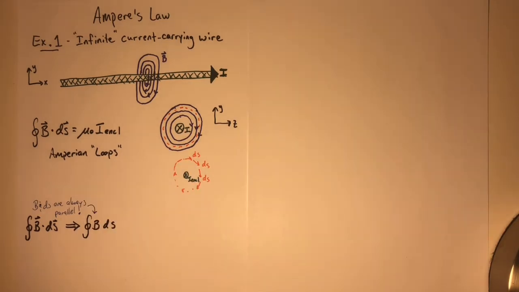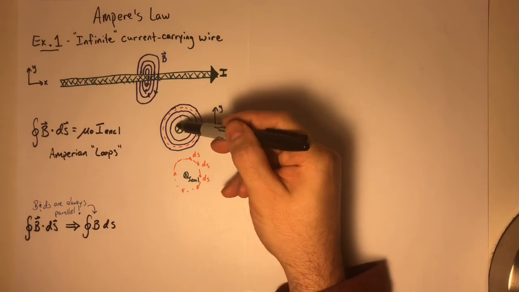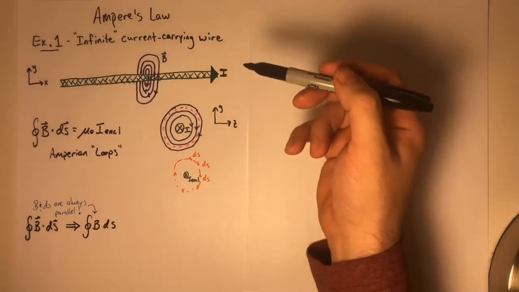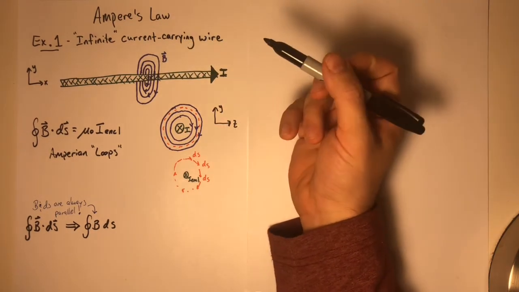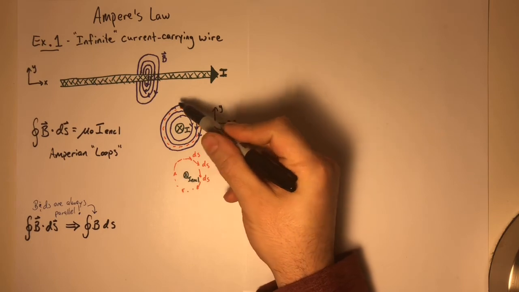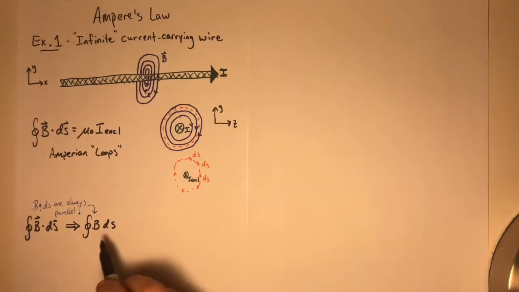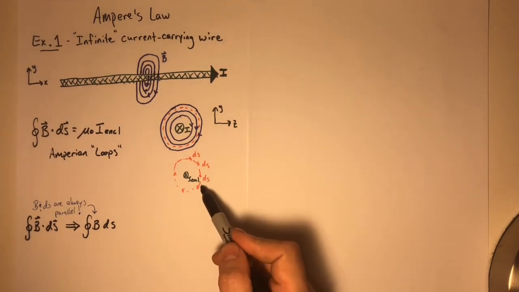The next thing that's nice about this is that because of the way these field lines look, you'll notice that they loop around at a constant distance away from the wire. This is a reminder that the magnetic field strength drops with distance. So if our path is always at the same distance away from the center wire, then that means that the B field is going to have constant magnitude everywhere along this Amperian loop.